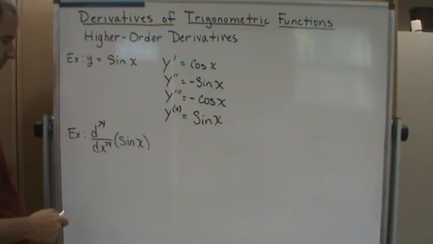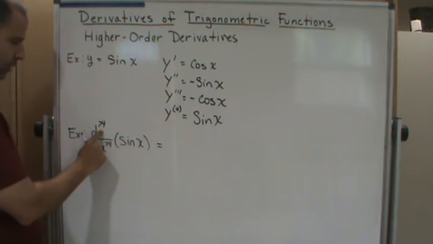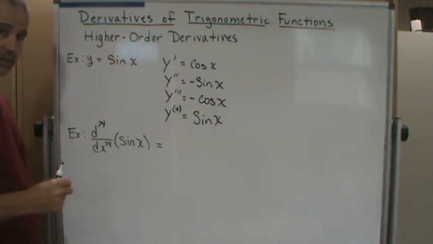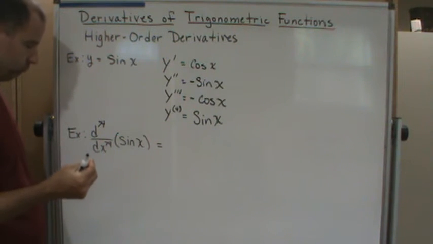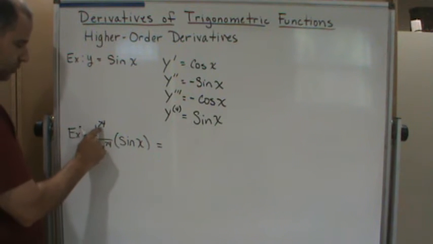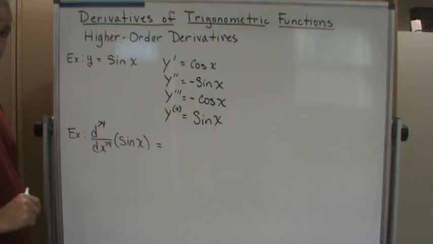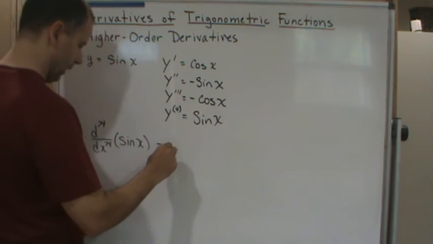every 4 derivatives. So what I'm going to do is I'm going to write this exponent as a multiple of 4 plus a number, right? So what's the largest multiple of 4 that goes into 74? Well, let's see here.